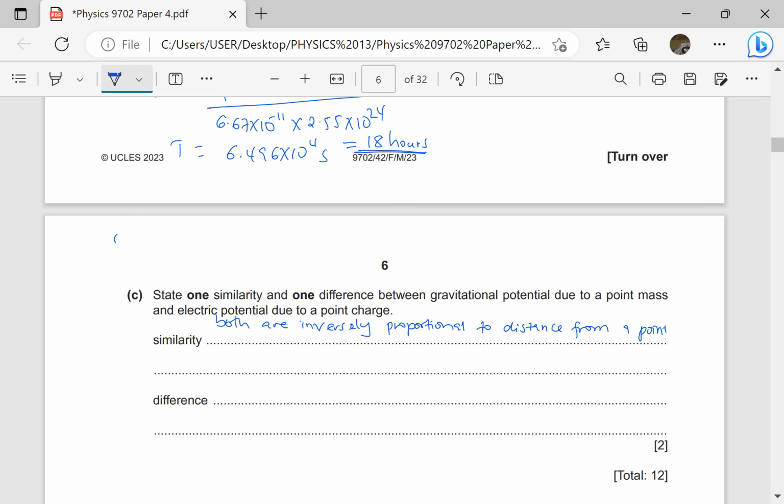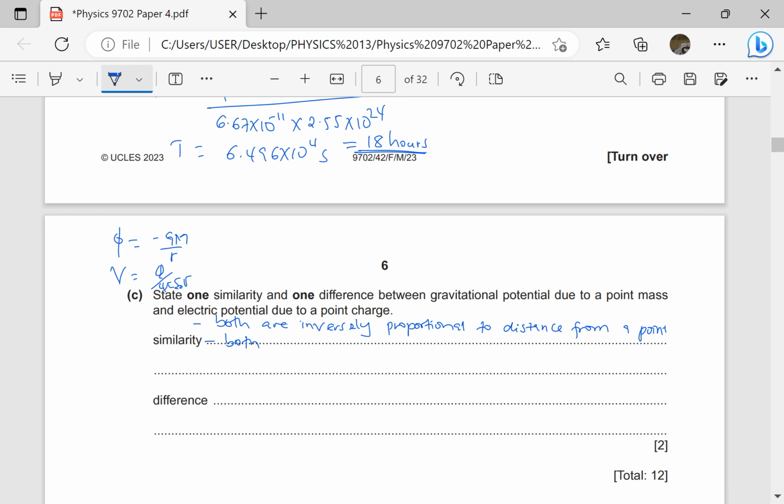If you remember, gravitational potential is negative G m over r, and electric potential is going to be Q over 4 pi epsilon naught times r. So both are inversely proportional to the distance from a point. That's one. Alternatively, you could also say both are defined to be zero at infinity.